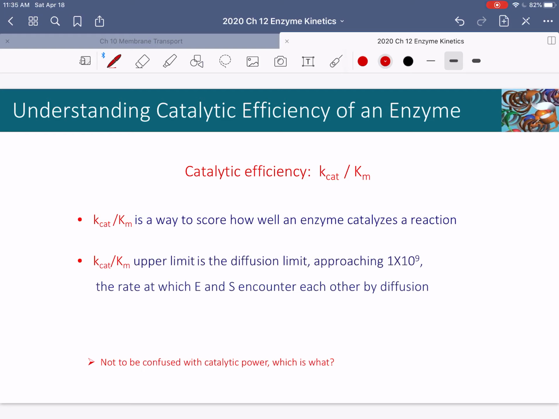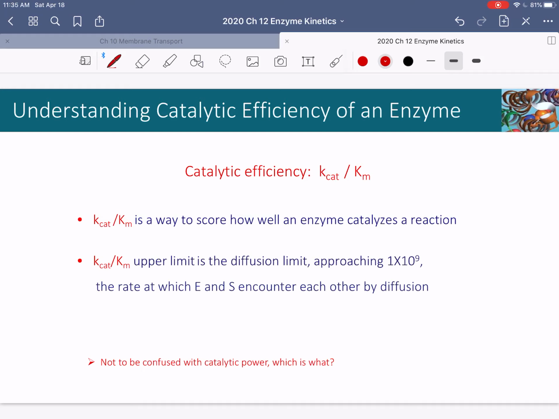But the other way to get a large catalytic efficiency is to have a very high Kcat. So you can have either a high Kcat, in other words, lots of product formed per second, or a very low dissociation constant, in other words, a very good capture of substrate by the enzyme. That combination helps you to score one enzyme compared to another.